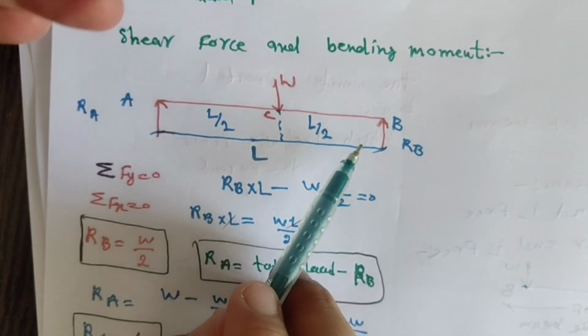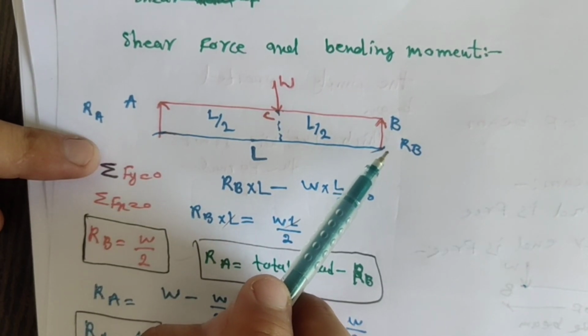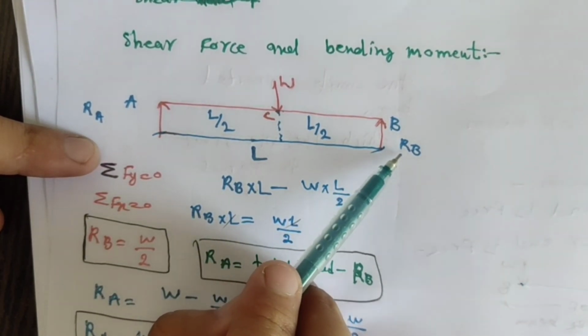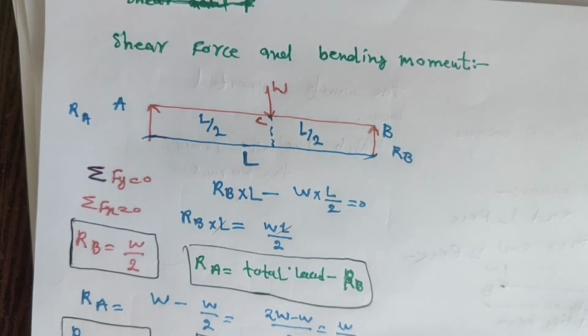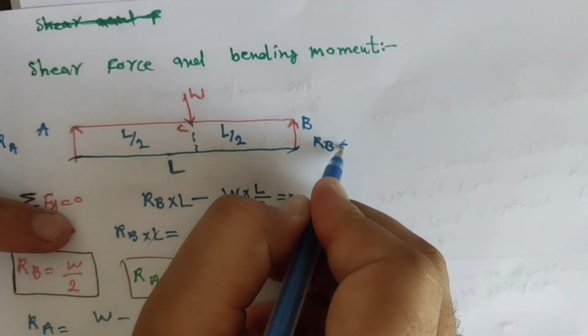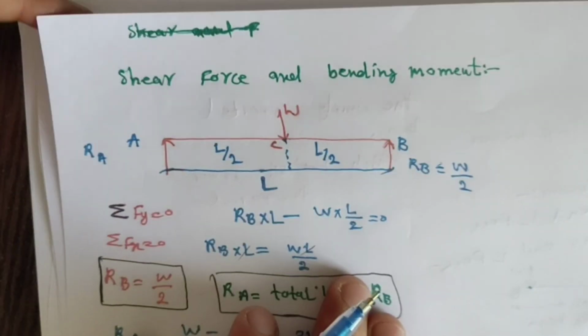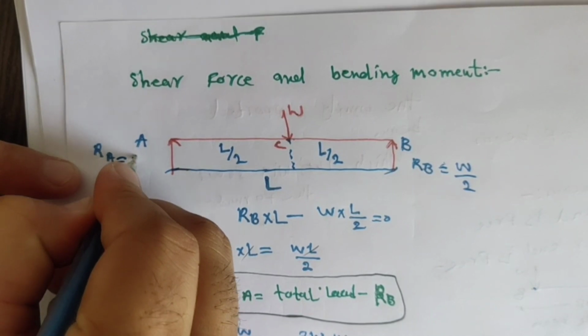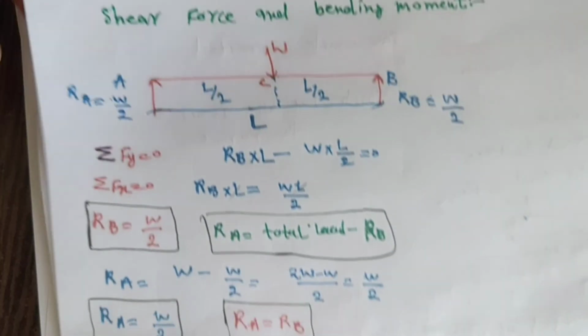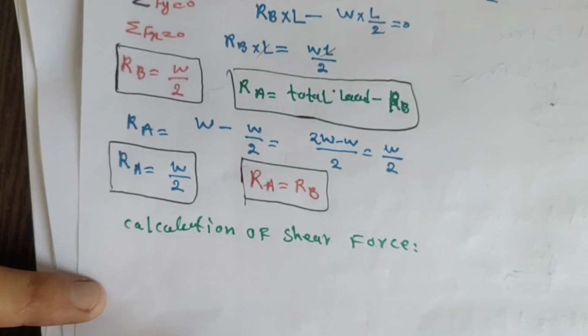We should take any one as a sign convention, negative or positive, but we should keep this one negative. RB is equal to W by 2, and RA is also equal to W by 2.